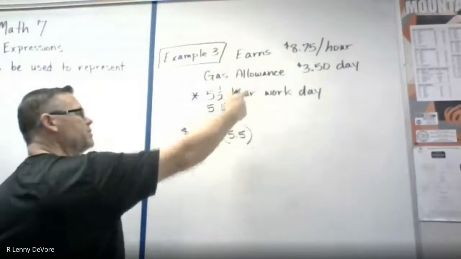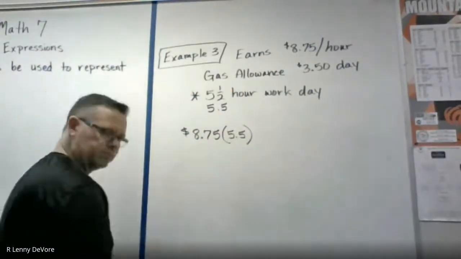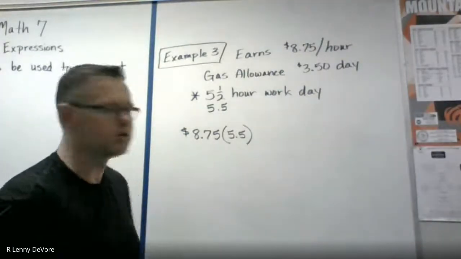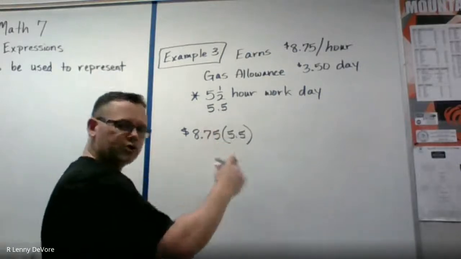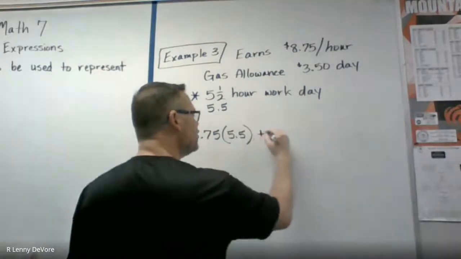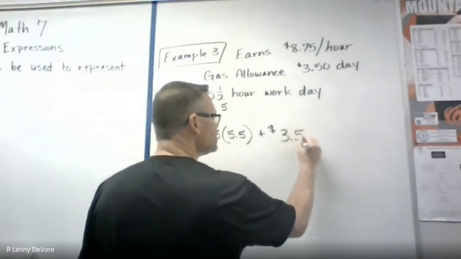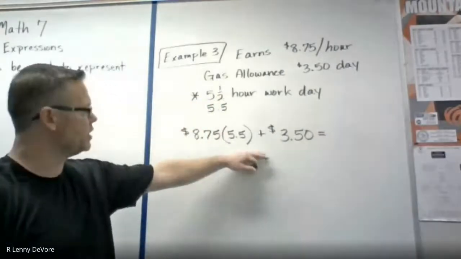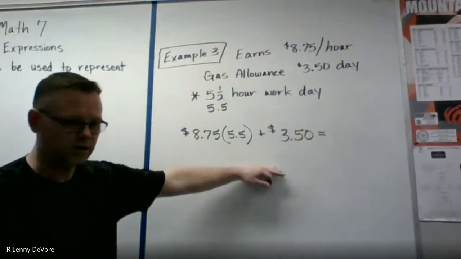But then I have this extra, right? This right here would actually be proportional. That means it's the same amount every hour, no matter how many hours they work. But what makes it not proportional is that we then need to add in that $3.50. Again, with this equation, I need to do the multiplication before I do the addition.